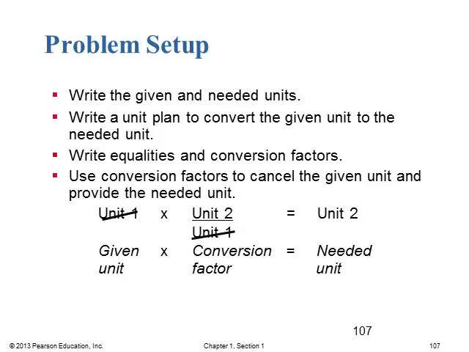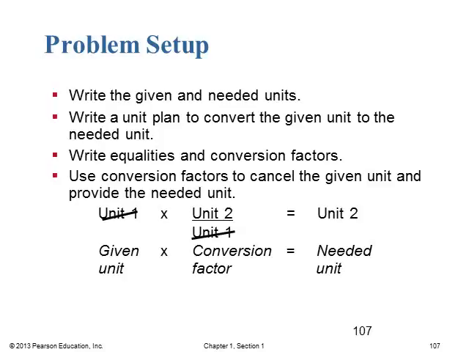So when you set up your problems, you want to write the given and needed units, and basically set up a plan for what needs to be crossed out and what needs to cancel out in your problem, and how you can keep the needed unit.